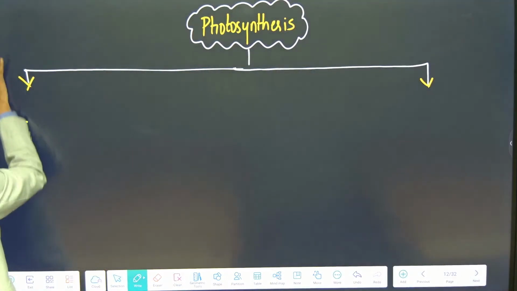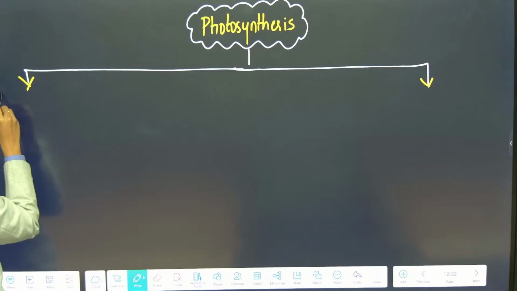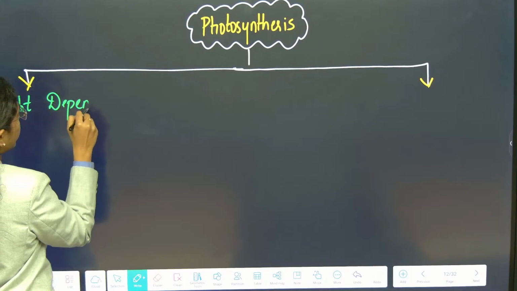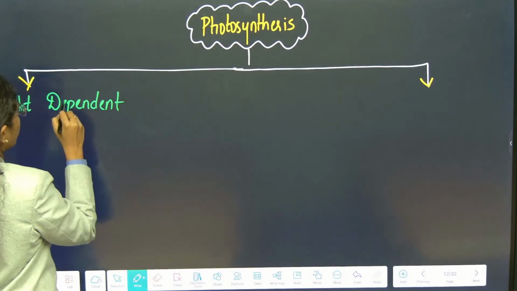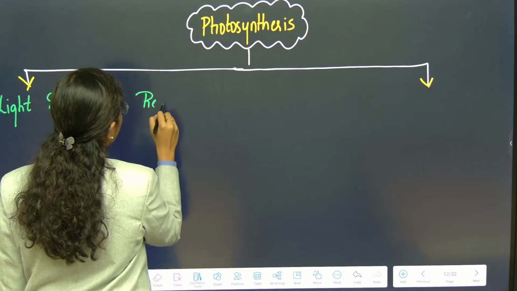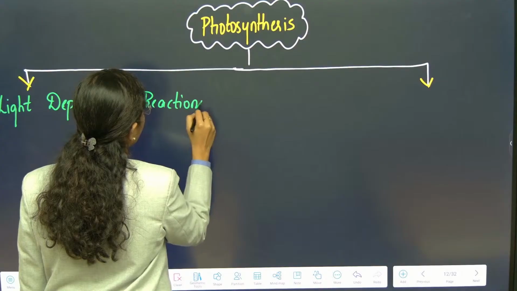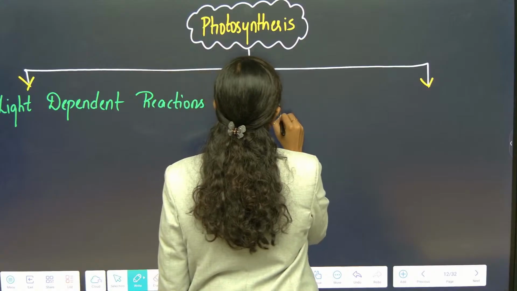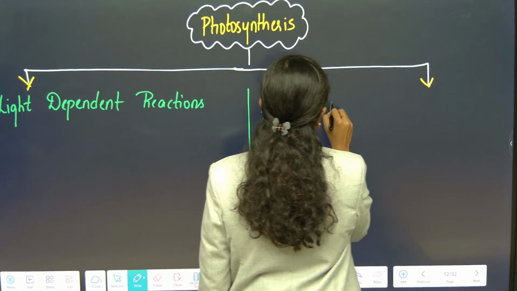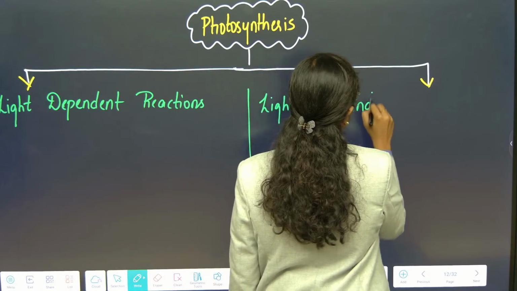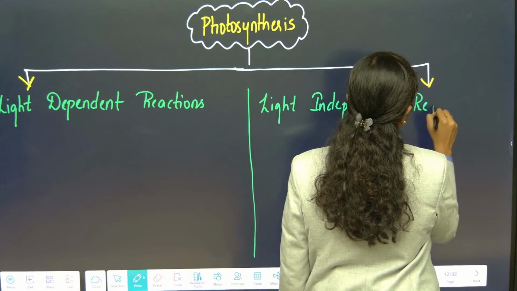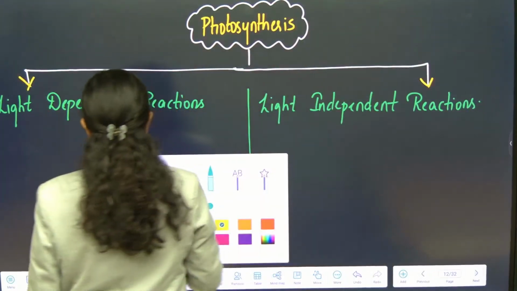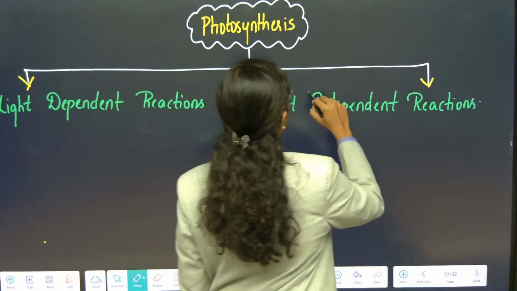First, light dependent reactions. Second is light independent reactions. Calling light independent reactions as dark reactions is a misnomer.